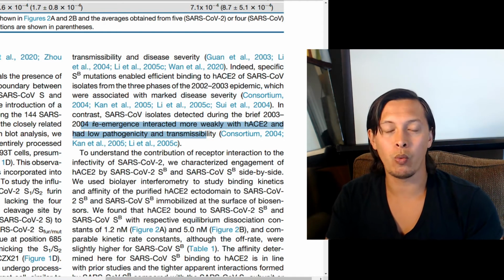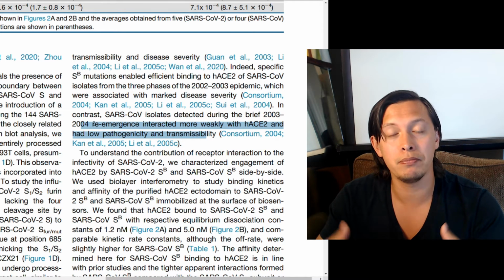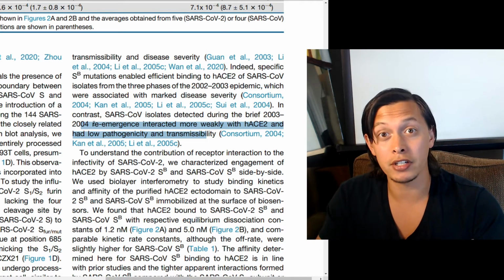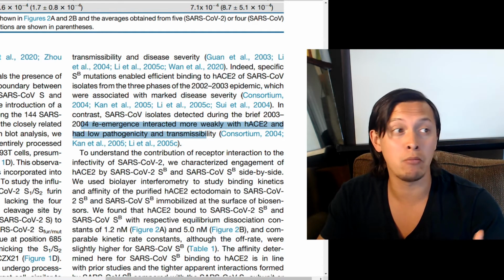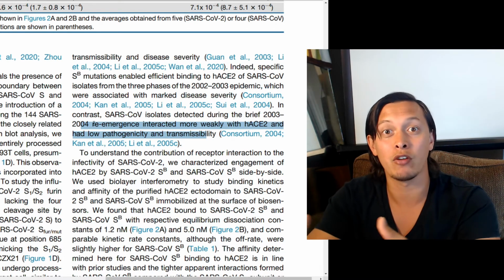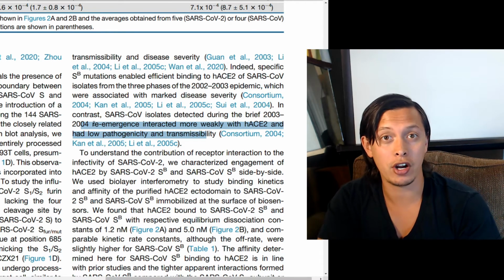So one could argue that the SARS evolved to be less pathogenic, and that might have contributed to it being more asymptomatic, and so it might have been able to spread more easily, which is why you had a reemergence of the original SARS the next year.